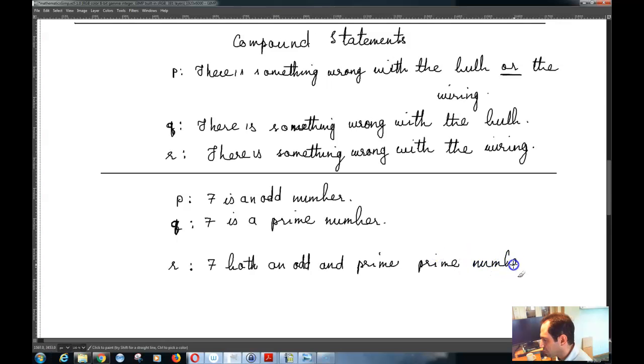So now basically over here we have used the connecting word and in order to connect these two statements.